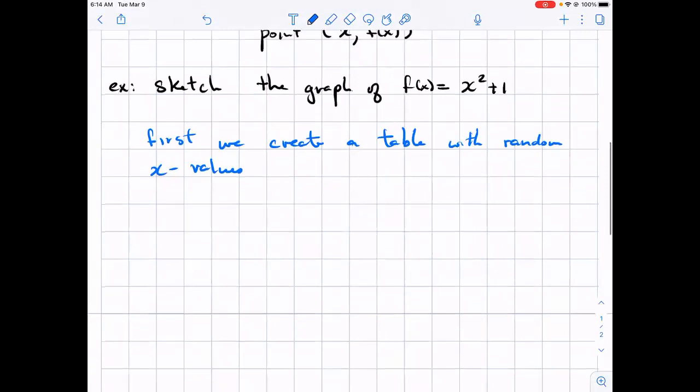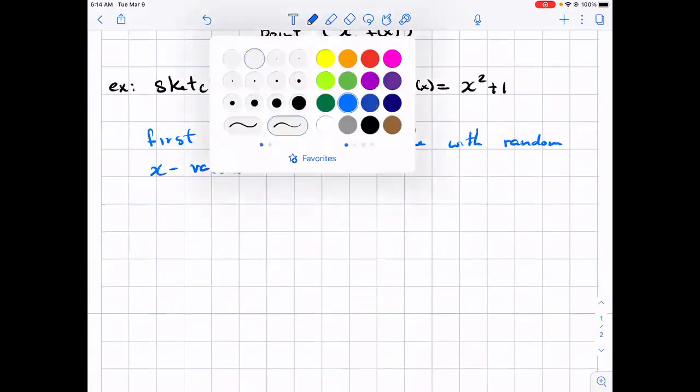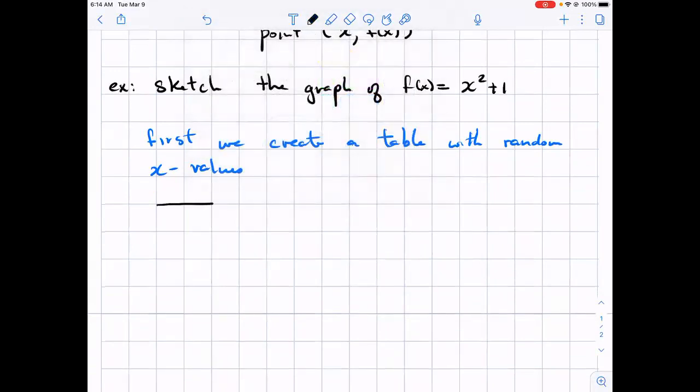Generally, we make a table of x and y, and we choose some values: -4, -2, 0, and let's say 3.